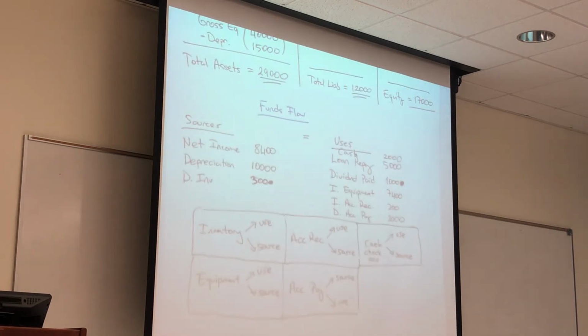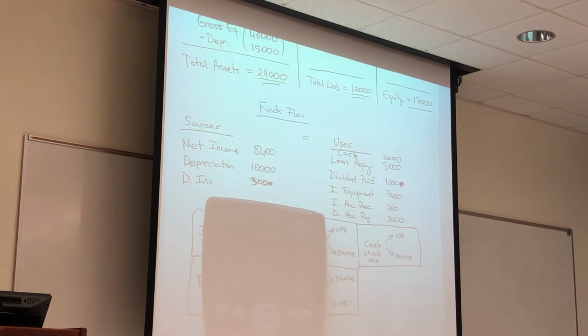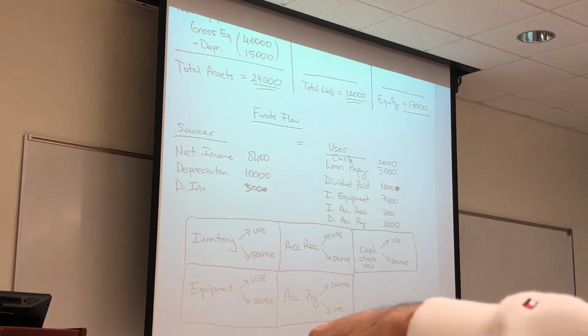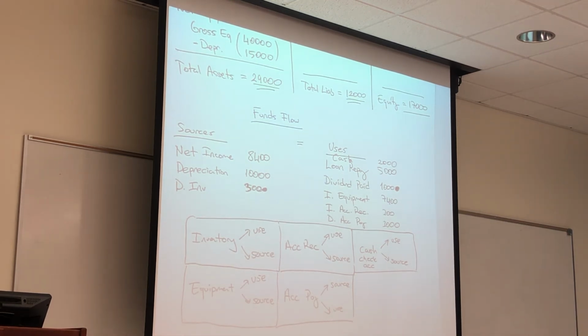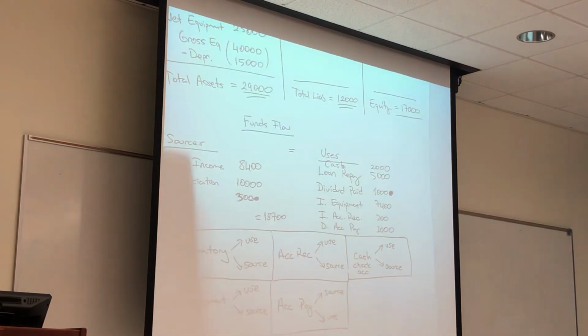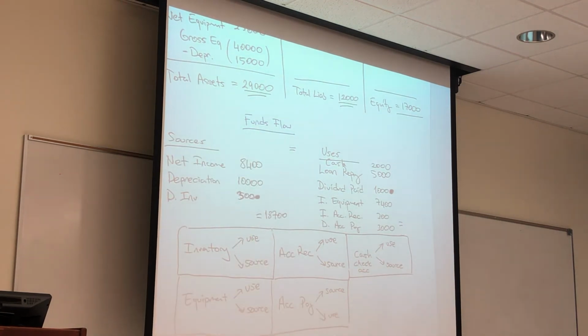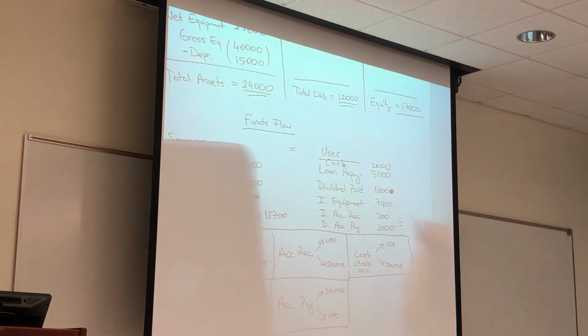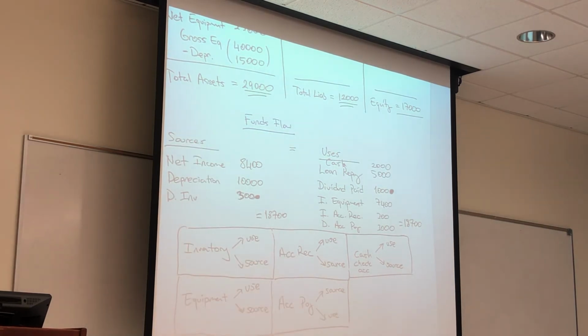So now let's see if they're equal. 8,400 plus 10,000 plus 300 is equal to 18,700, and then this will be equal to 2,000 plus 5,000 plus 1,000 plus 7,400 plus 300 plus 3,000. Yes. So they're equal. So we did everything right.